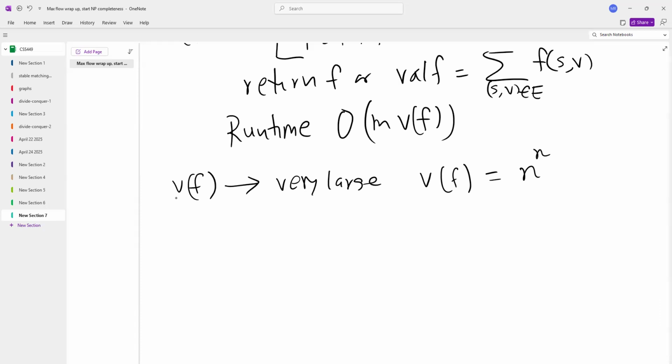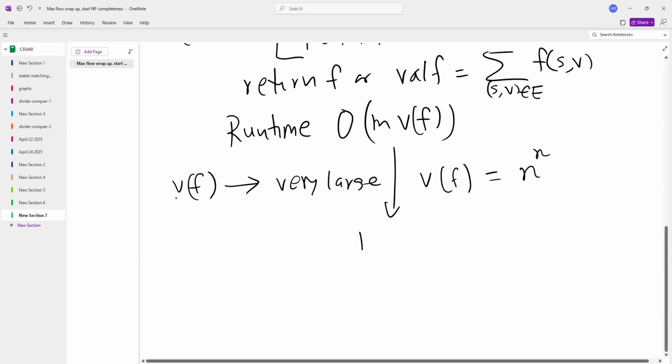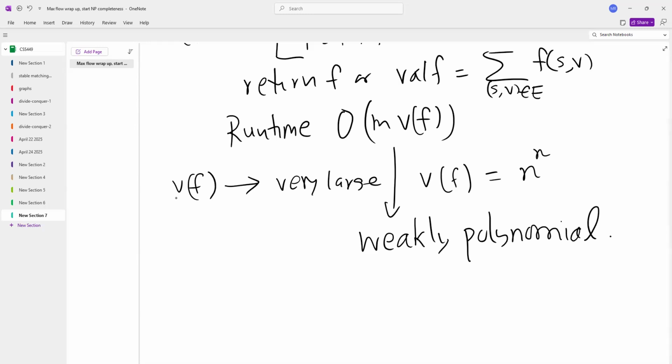I can just put in very big capacities such that the value of my flow is very large, which means that this is not an exact polynomial time algorithm. So this is usually called weakly polynomial, because there is a dependence on the flow which can be arbitrarily large, right?